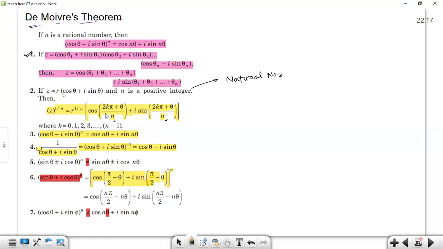And if it is 1, then it's like 2 pi, which is also similar to 0, because after a full angle the angle becomes 360 or 0. Next property. Is this property clear? Yes.